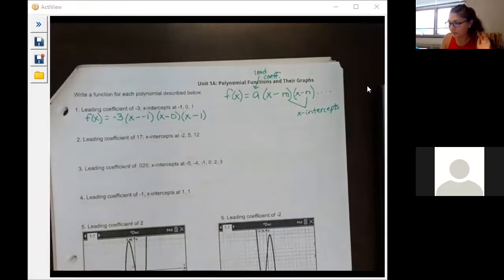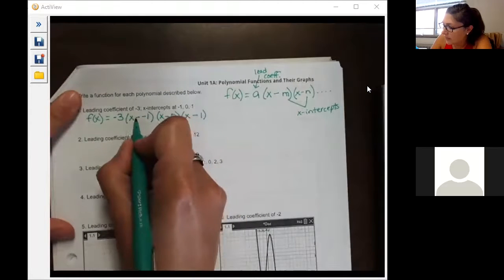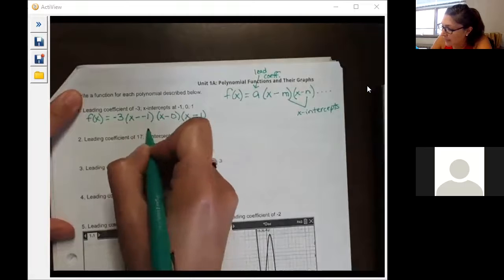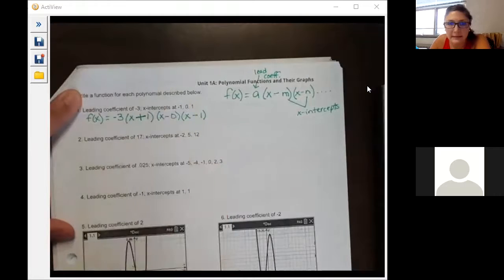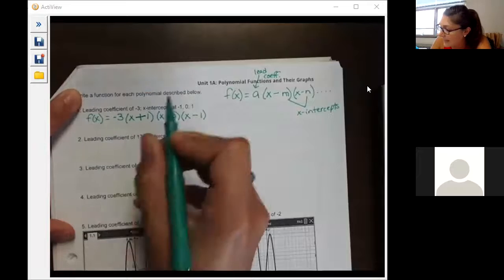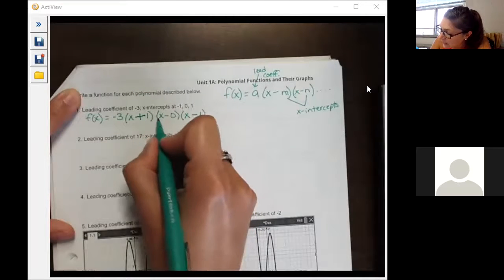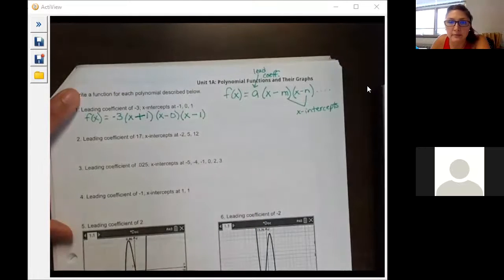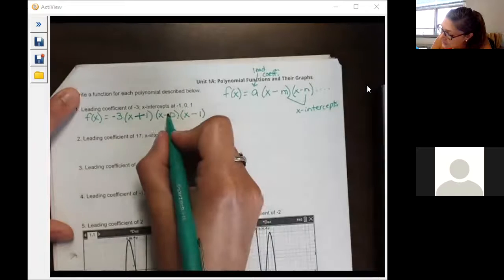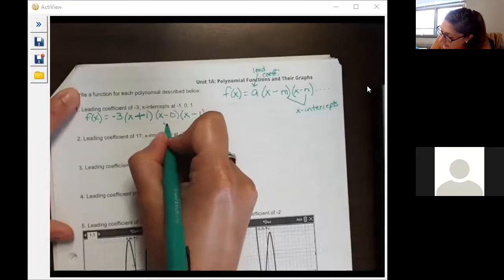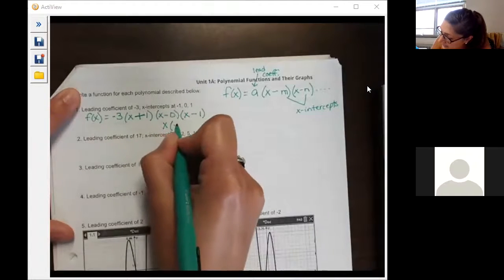Okay. Now, I can clean this up a little bit, so I want to make sure that I do that. So here where I've got minus -1, minus a negative, I can write as positive. So I can write that as x plus 1. And then where we have x minus 0, you saw this in one of your notes examples from your homework, I can actually just write that as x. If you want to keep it in the middle, that's fine.